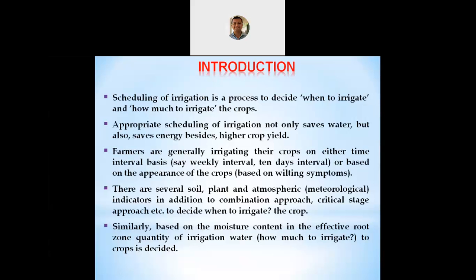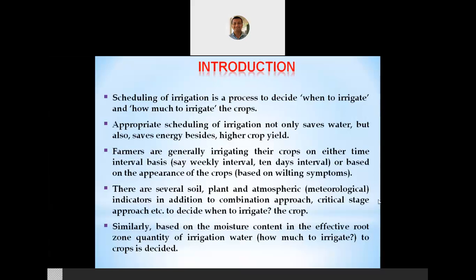And while talking about the scheduling of irrigation, there are several other approaches, that can be a soil approach, plant approach, or atmospheric approach or indicators, which give us the ability to decide when we need to irrigate our crops and how much water we need to apply.